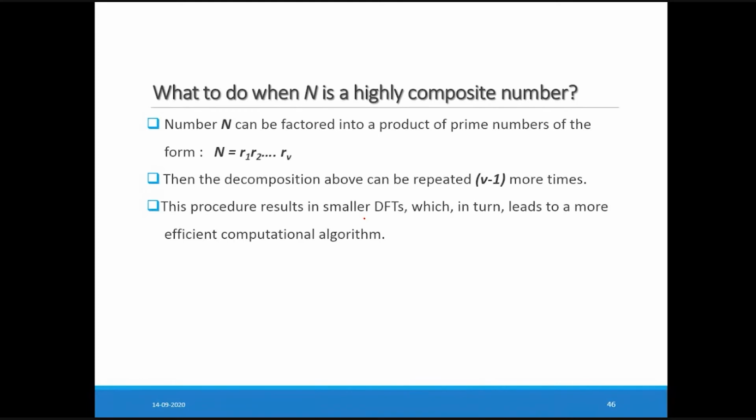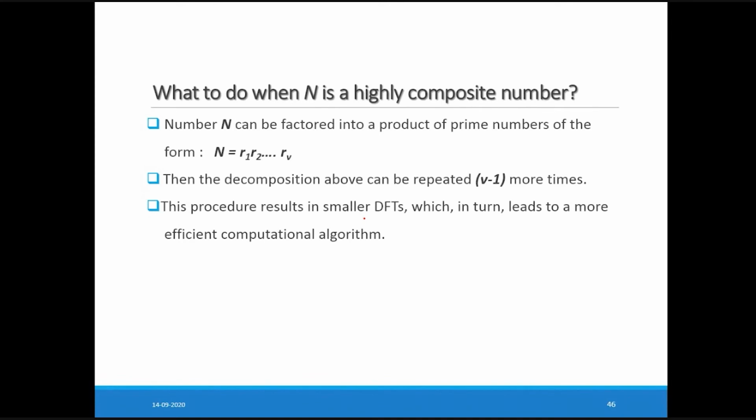So if n is a composite number, or a big number, we write that composite number as the product of prime numbers, and then we represent n as r1, r2 up to rv. Whatever single number, we divide it into a total of v numbers.